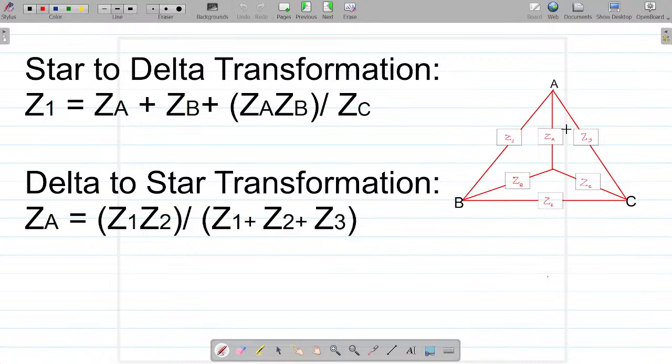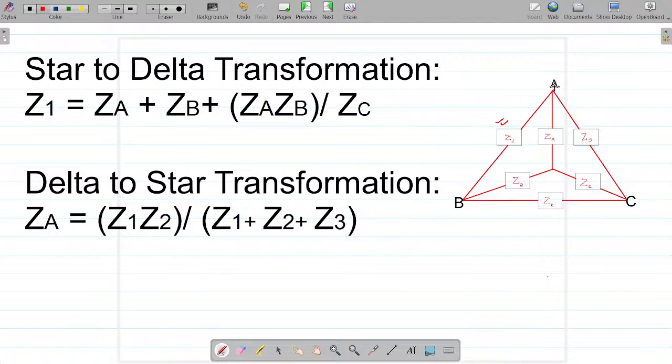what is the formula? The formula is Z1 = ZA + ZB + ZA ZB / Z3. This will give you Z1. See, I am repeating it for you.